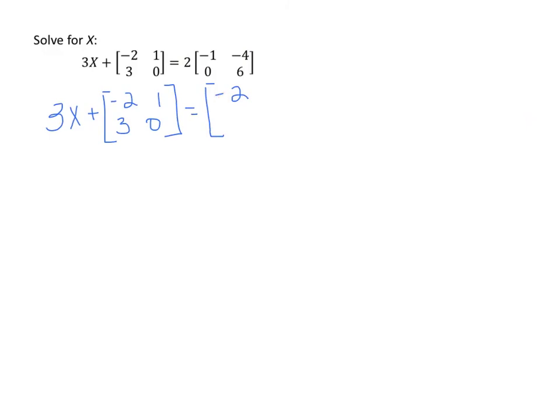It's positive 2, not negative 2. Then what I'll do is I will subtract this whole matrix from both sides.